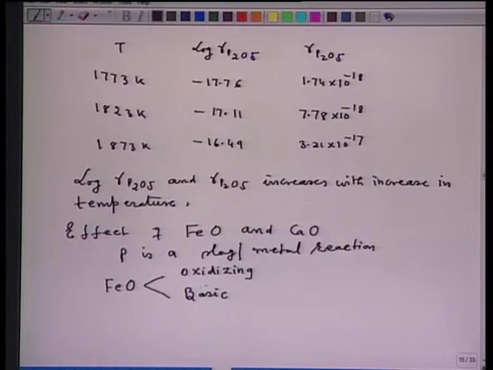So, in its role of oxidizing atmosphere, we can write the reaction 2P plus 5FeO equal to P2O5 plus 5Fe. So, in this reaction FeO is providing oxygen to react with phosphorus and to get P2O5.